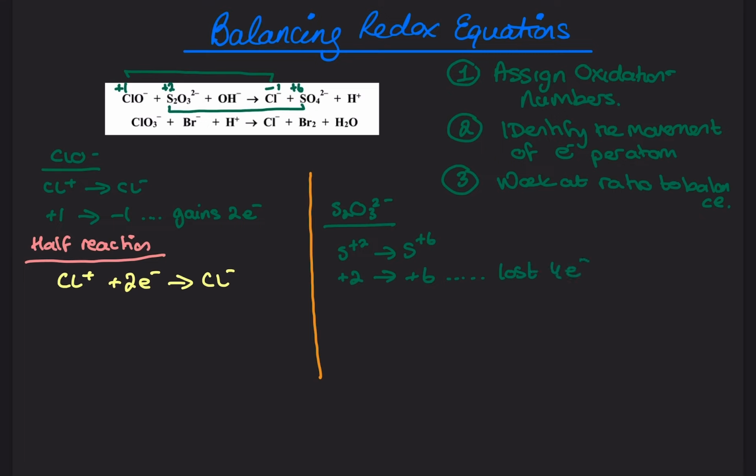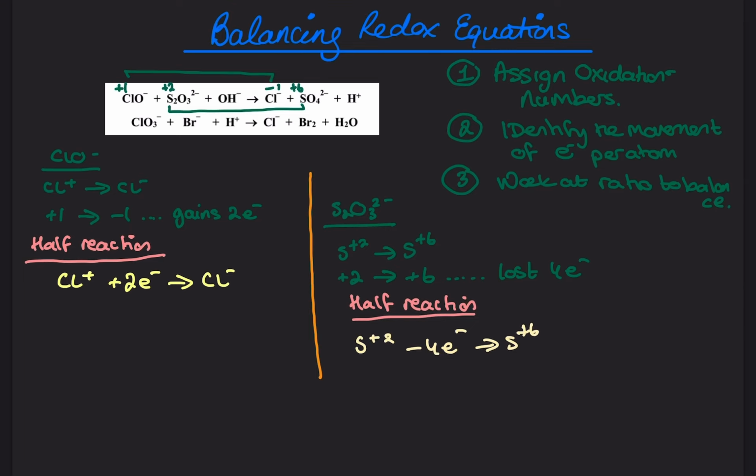electrons. Okay, so what we can write for there is the half reaction. So I'll get my different color again. Okay, so S +2 minus 4 electrons this time, and that goes to the S +6 state.